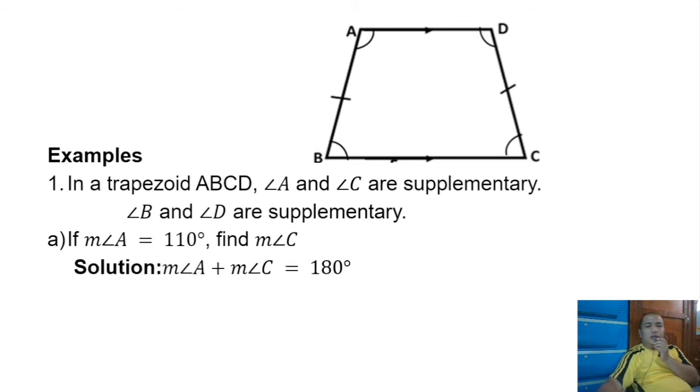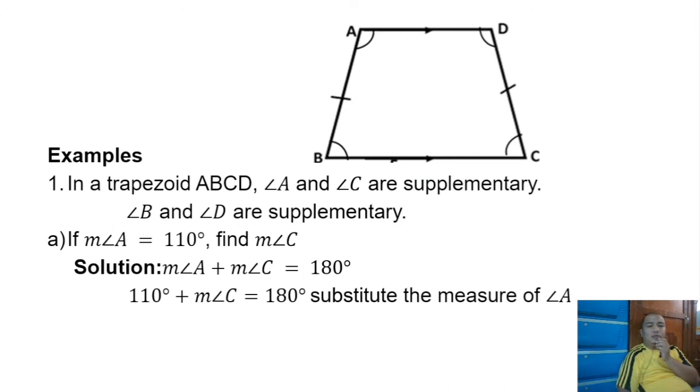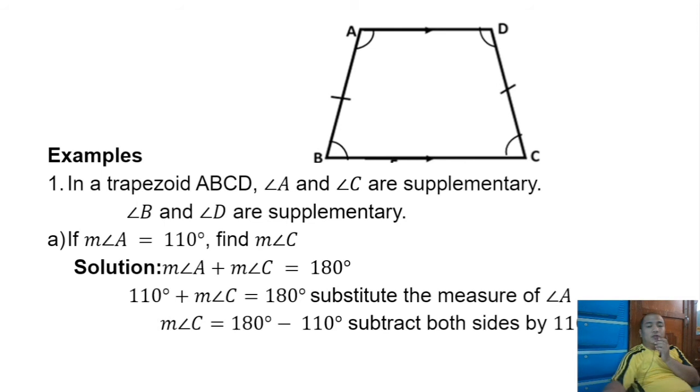Okay, angle A plus angle C is equal to 180 degrees. 110 plus angle C equals 180 degrees. 180 minus 110 is 70 degrees. Measure of angle C is 70 degrees.